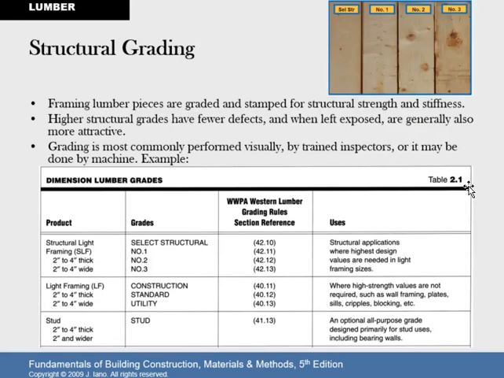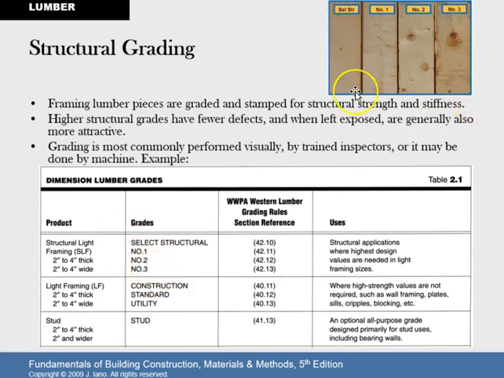All right, structural grading. We did talk about this a fair amount. We're not going to get too deep into these charts, so I'm really not going to read all of that to you, nor send you on a quiz or a test to look too deep into charts. I think we have more important information to cover than delving too deep. But here are the primary ones that we've discussed and that are most common to see: the select structural, number 1, number 2, and number 3.